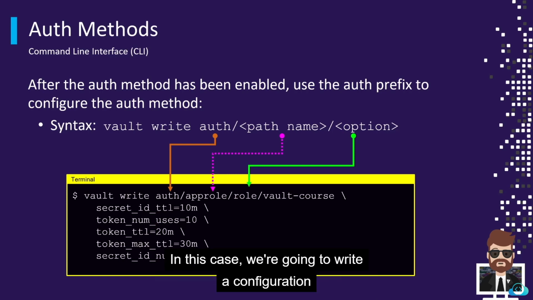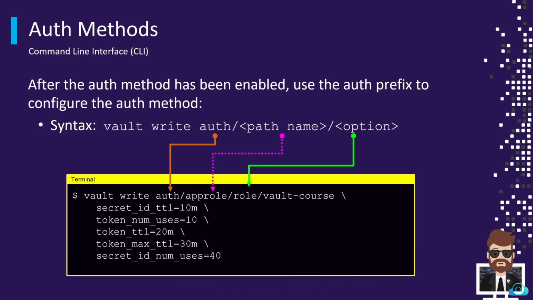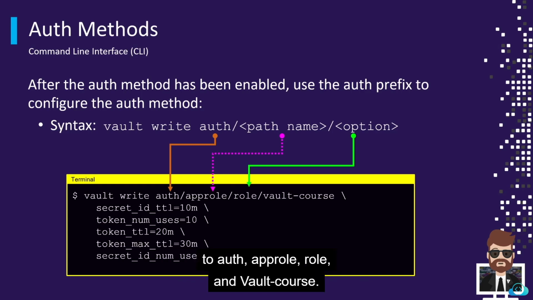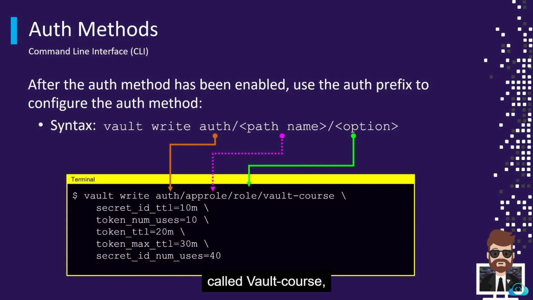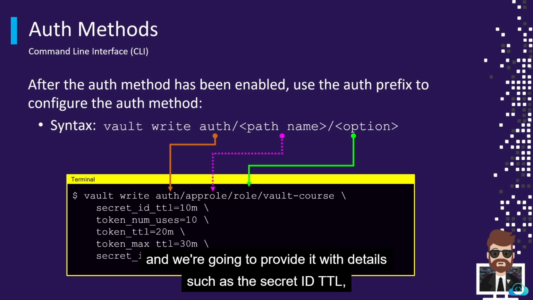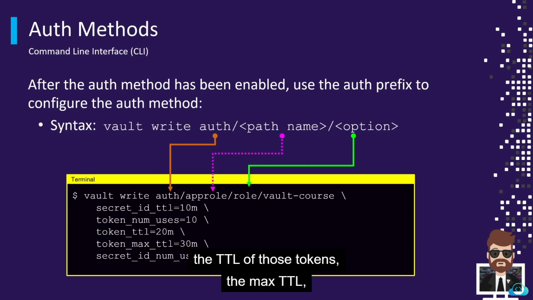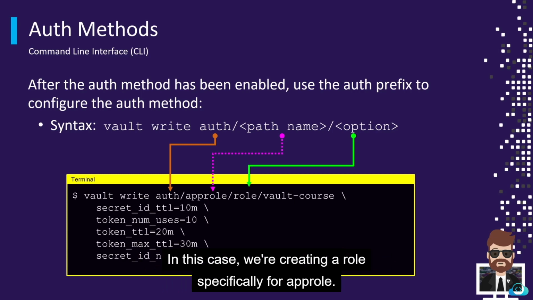So in this case, we're going to write a configuration to auth, approle, role, and vault-course. We're going to create a new role in approle called vault-course, and we're going to provide it with details such as the secret ID TTL, the number of token uses, the TTL of those tokens, the max TTL, and the number of uses for the secret ID. So in this case, we're creating a role specifically for approle.